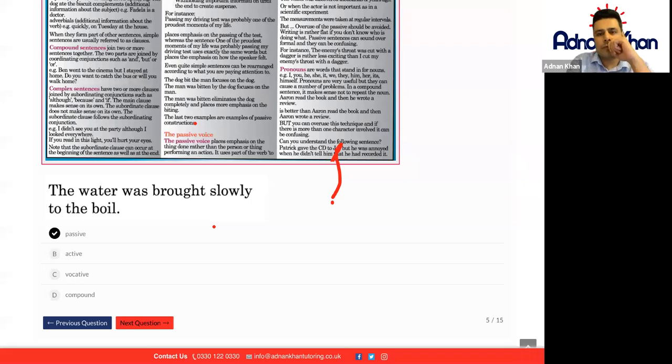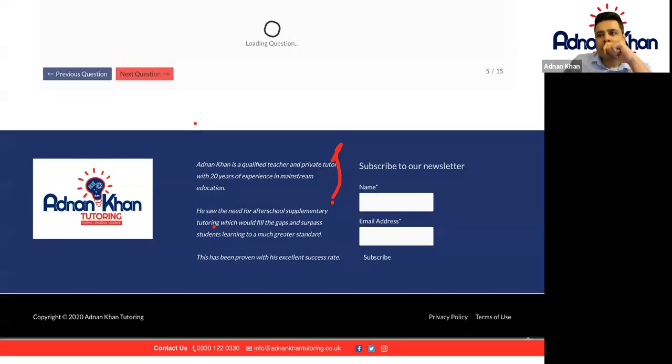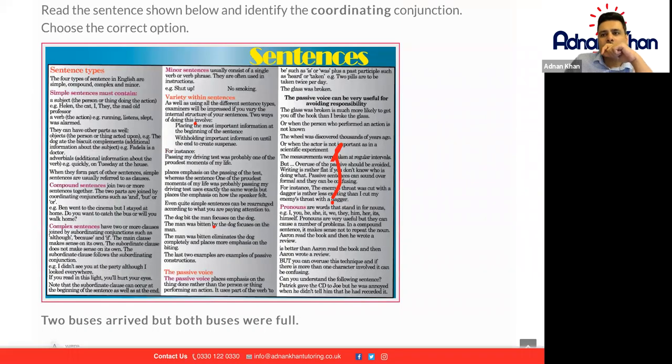It says that there's more emphasis on the thing done rather than the person or thing performing the action. So in this case, passive voice places more emphasis on the thing. What's the thing here? The water. The water. And the water will be the passive sentence in this case. Well done.